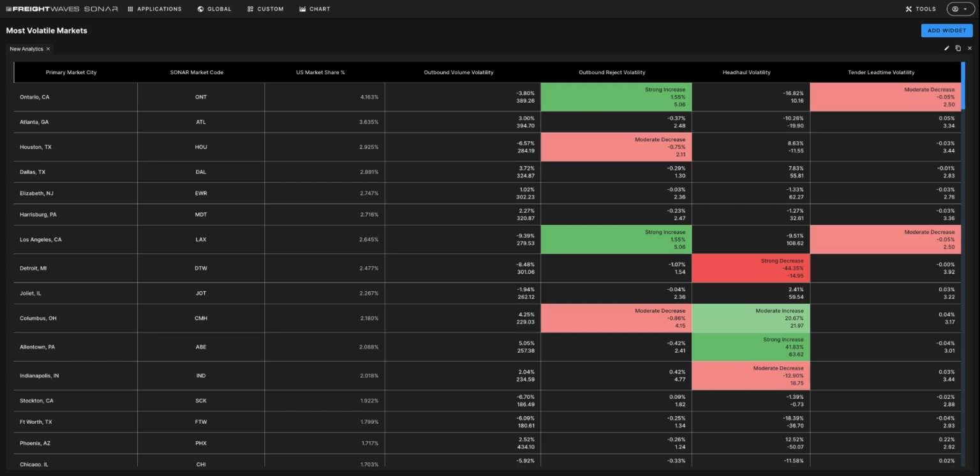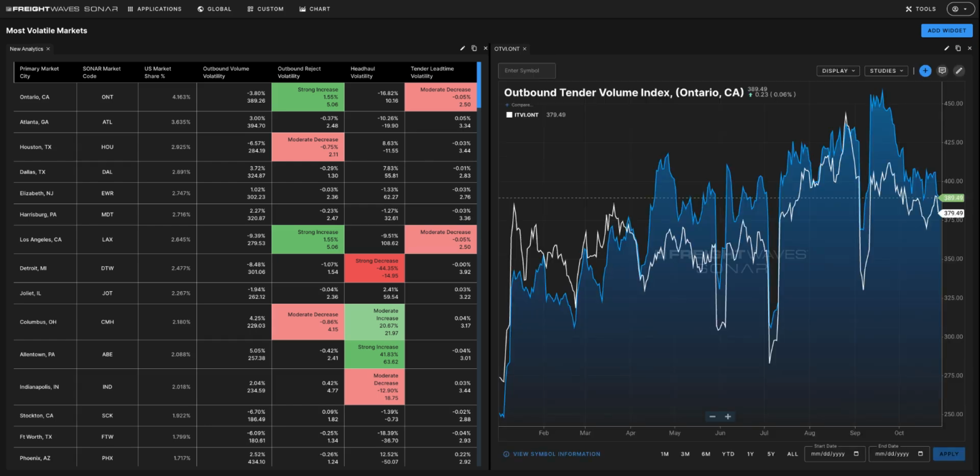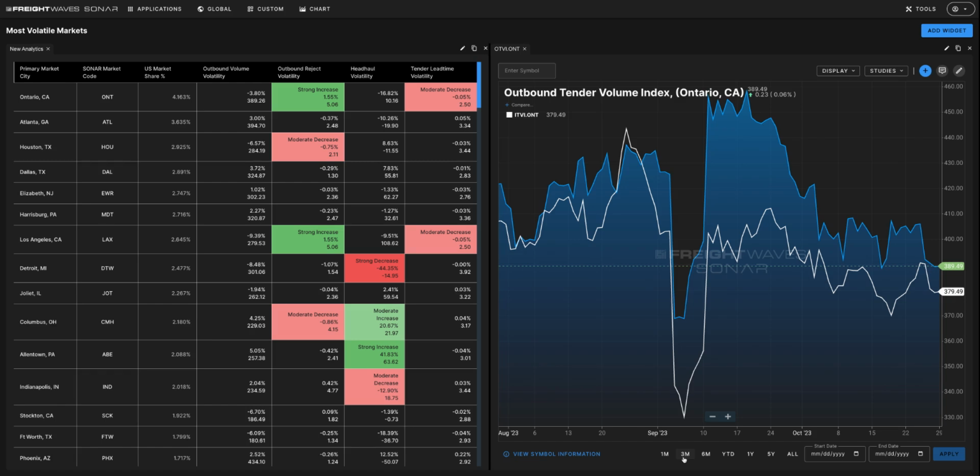So for Ontario, California, if I click on this box right here, it will populate a chart next to me, so I can figure out which one is causing that 16% decrease. I'm going to take my time window into about 3 months and try to figure out which one is shifting that number.